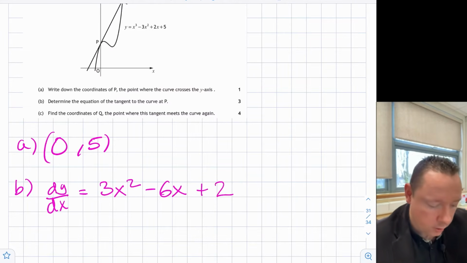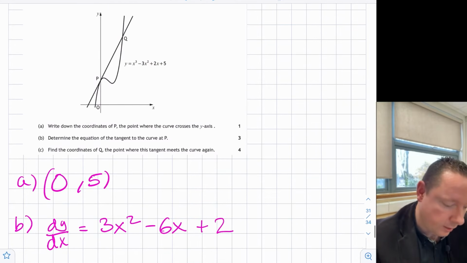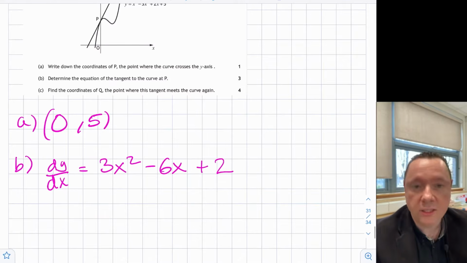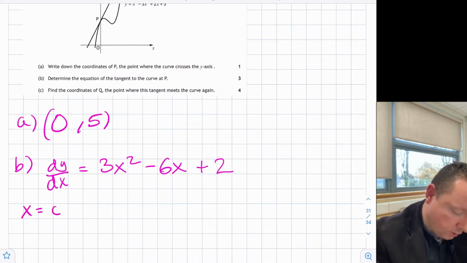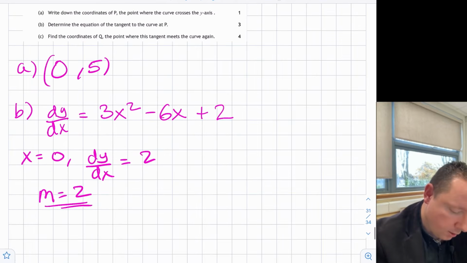So we've got our differentiated equation, that tells us the gradient, and it's at the point P, and P, remember, was 0, 5, so at x equal to 0, dy by dx just equals 2. So our gradient equals 2. Our point, remember, is 0, 5.